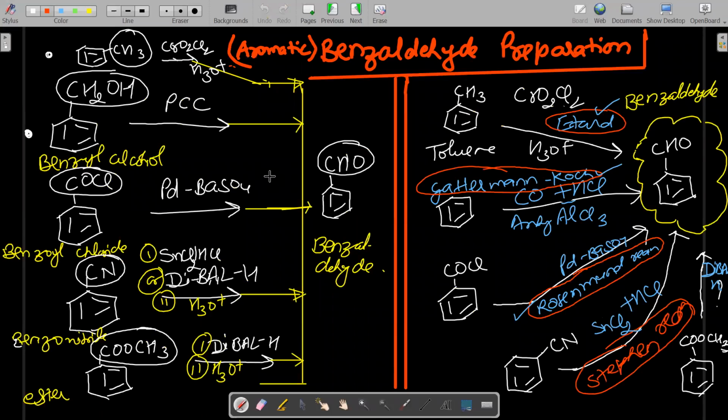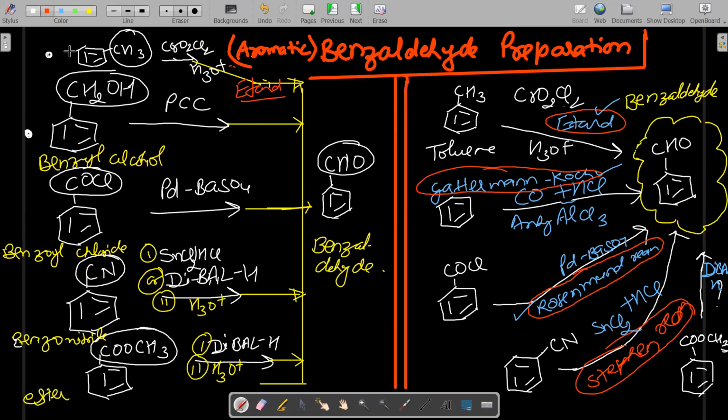Now you can again see this is the aromatic aldehyde, that is benzaldehyde. This is just a sum-up of how benzaldehyde is prepared by various methods, which we have already discussed. First, from toluene directly to benzaldehyde using which name reaction? Etard reaction. What reagent? Chromyl chloride, followed by hydrolysis.